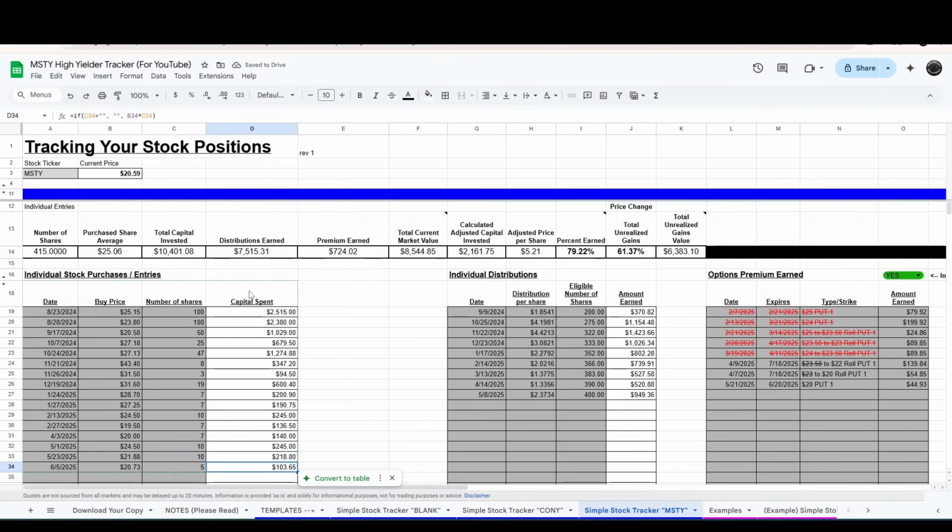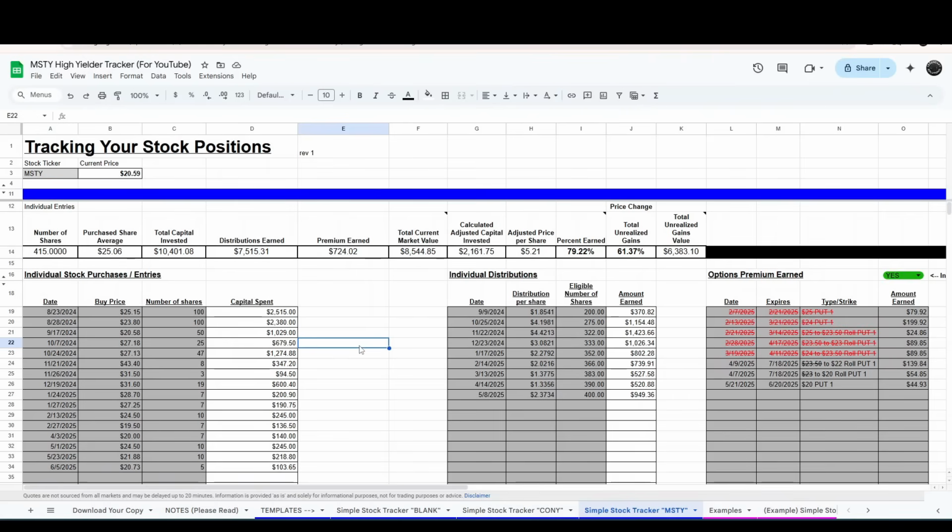So that does lower my purchased share average because I purchased an amount of shares under that price. So that does lower that one. But since it is above my adjusted, it ends up raising that adjusted ever so slightly. So now I'm at $5.21 adjusted price per share, but I now have 415 shares.